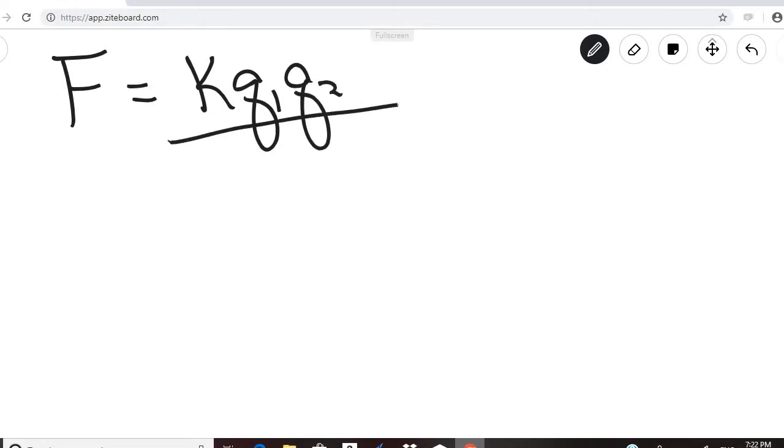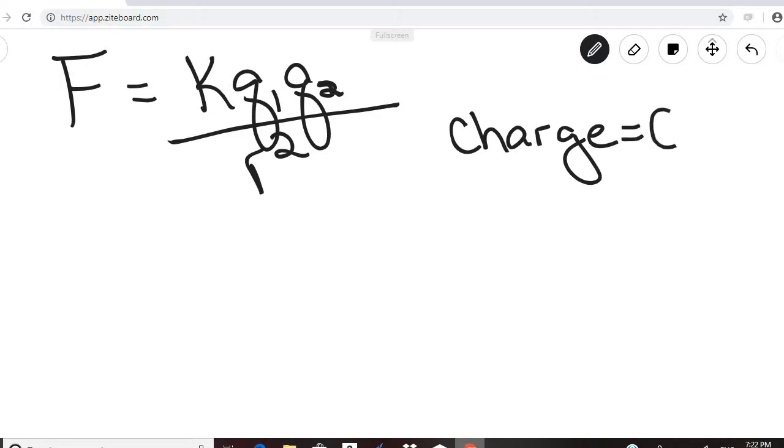Let me go ahead and write that up. F is equal to K times Q1 Q2 divided by R squared. The unit for the charge is a Coulomb, named after the man who came up with this law.